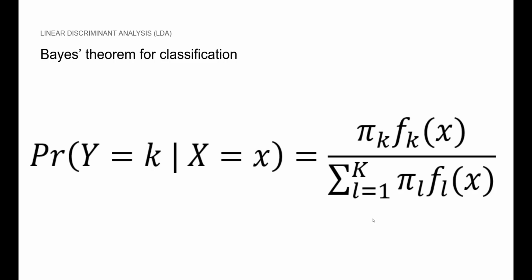So this means that fk of x is large if the probability that an observation from the kth class has capital X equal to small x. Therefore, Bayes' theorem states the equations that you see. The probability of the class being k given X equals x is the ratio of pi k fk of x over the sum of pi l fl of x for all classes.